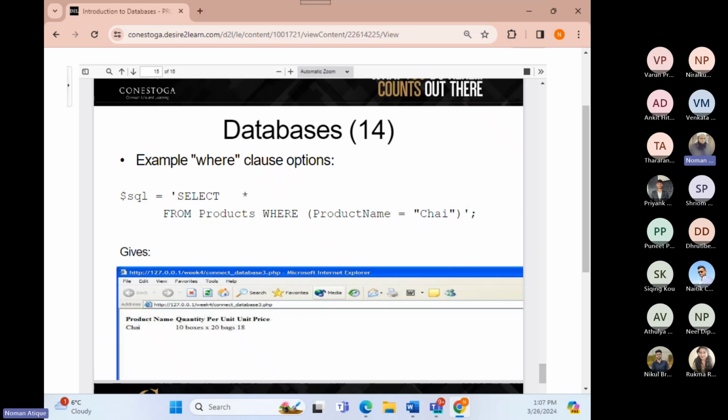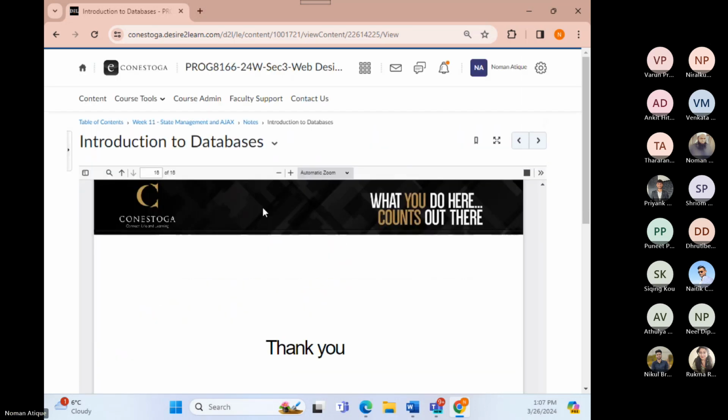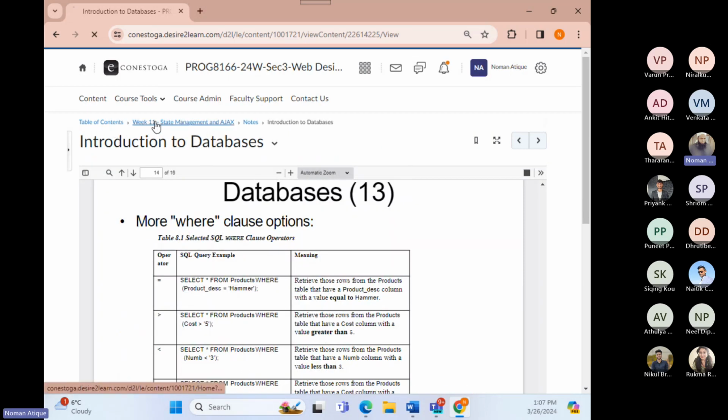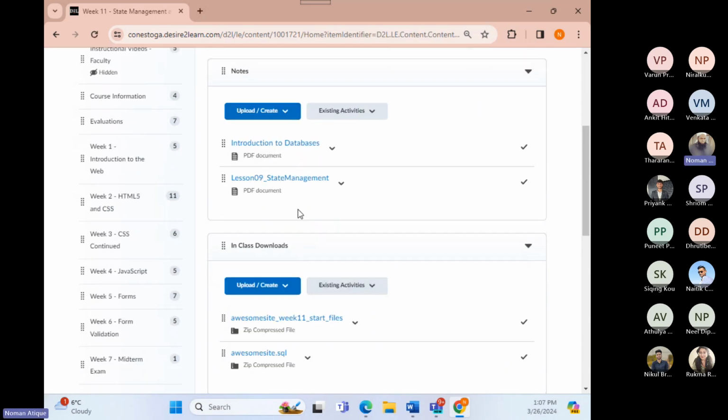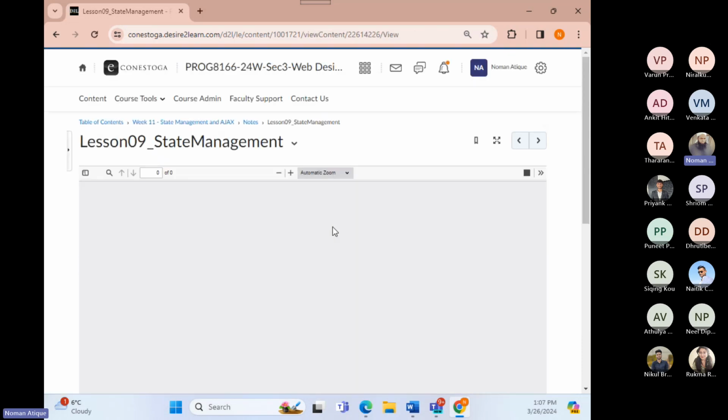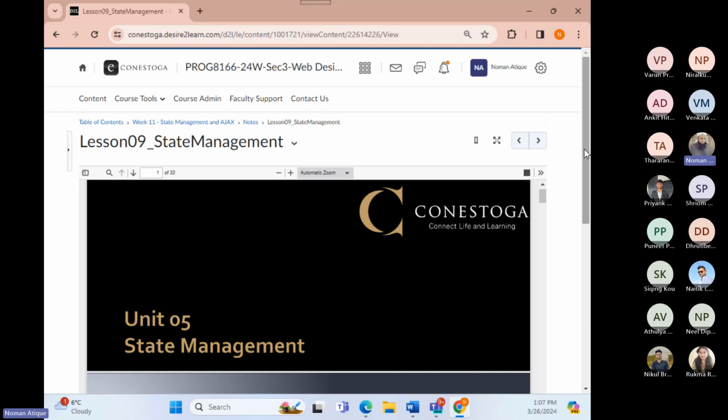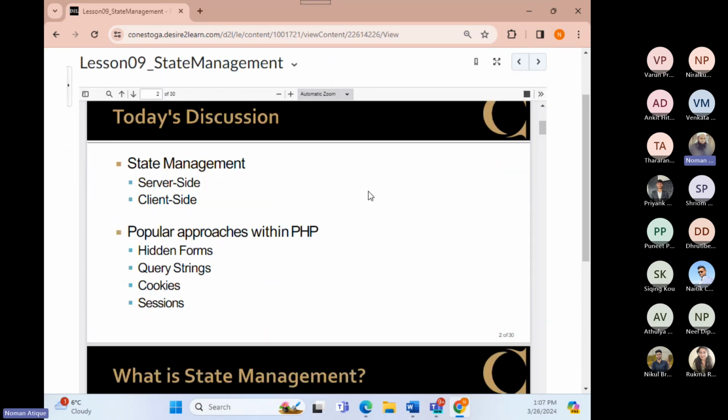We have seen about that one as well. And in the later part of this, was state management, specifically, as Dhrutiman has mentioned, the cookies and the sessions. And we saw what sessions are, what cookies are, and state management in general.